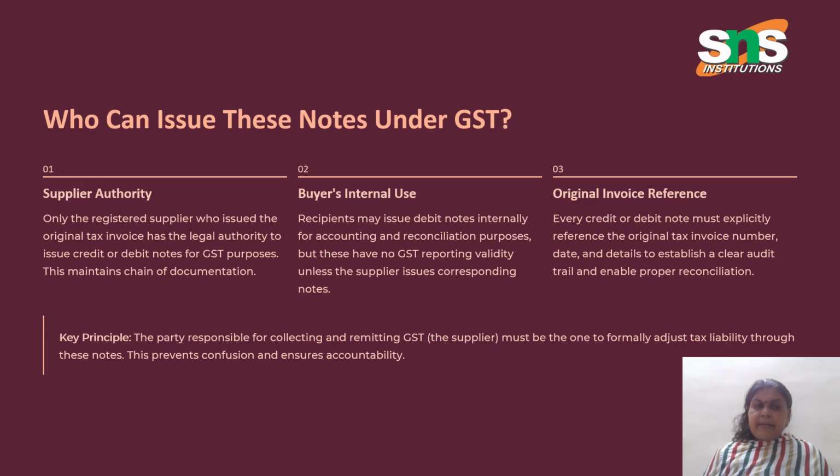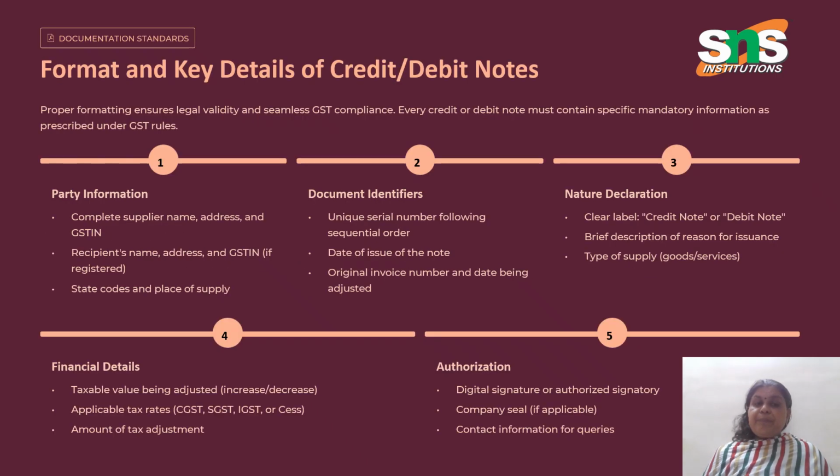The buyer needs the debit note or credit note, and the seller prepares it. The GST organization itself has given a proper format of what all should be contained in the debit note and credit note.